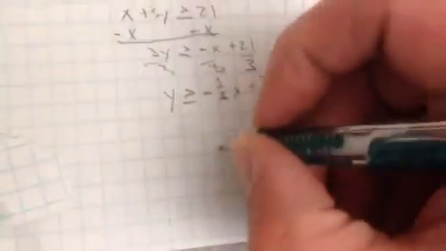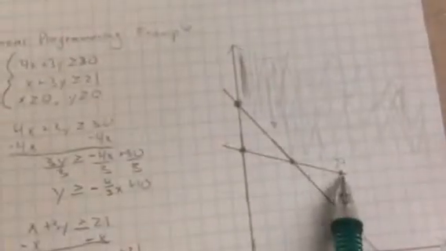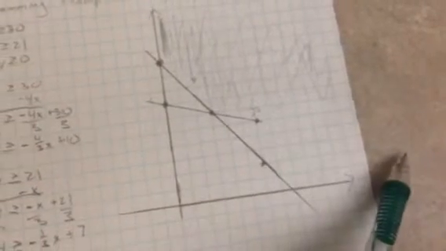Okay? And what I'm looking for is the minimum when C equals 5x plus 8y. So we have to think what our vertices are here. Now, we would have to continue this line all the way out to find another vertex, which would be where this line connects with the x-axis.